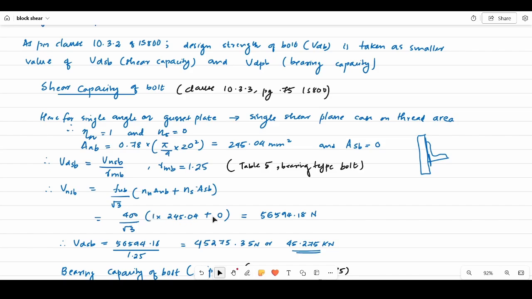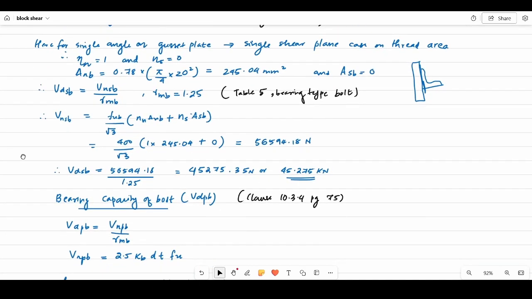By substituting, I obtained the value of Vdsb, the shear capacity of the bolt, as 45,275.35 Newton or 45.275 kilonewton. Now it is already given in the clause that we also have to find the bearing capacity, and out of these the smaller will be considered as the design strength of the bolt.